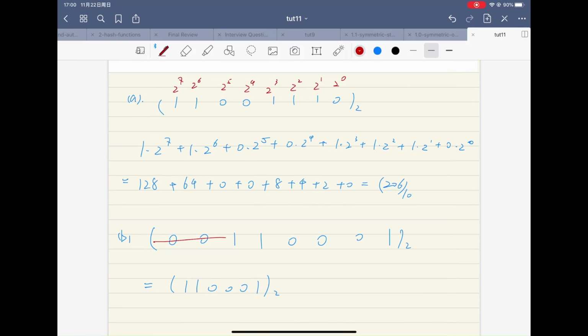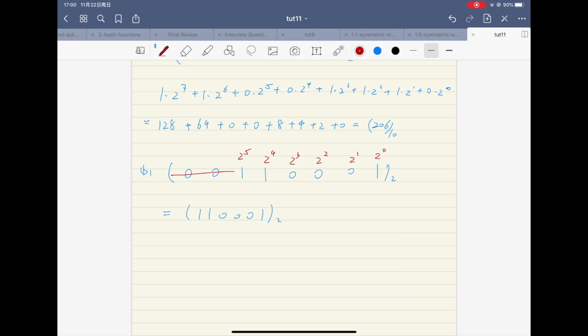So we have to the power of 0 here, then 1, 2, 3, 4, 5, right? So we have 1 times 2 to the power of 5 plus 1 times 2 to the power of 4 plus 0 times 2 to the power of 3, 2, 1, and 0.